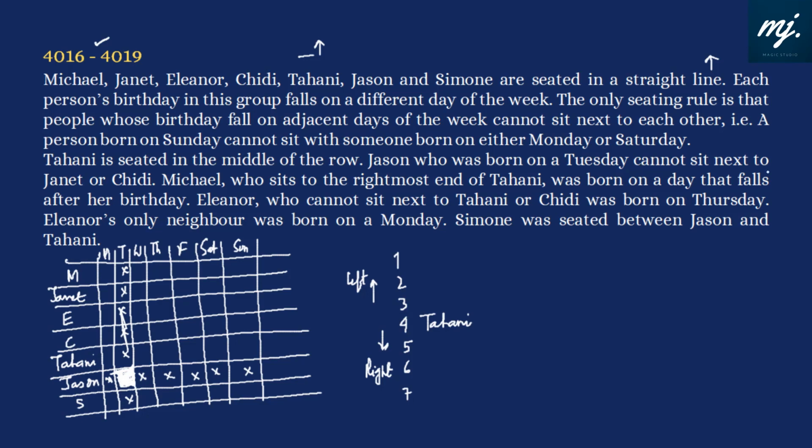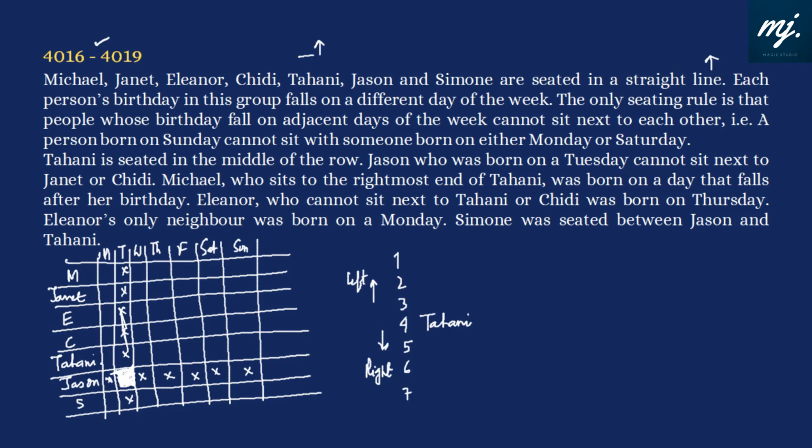Jason cannot sit next to Janet or Chidi. Jason is born on Tuesday, and that means Janet and Chidi's birthdays would be on either Monday or Wednesday.